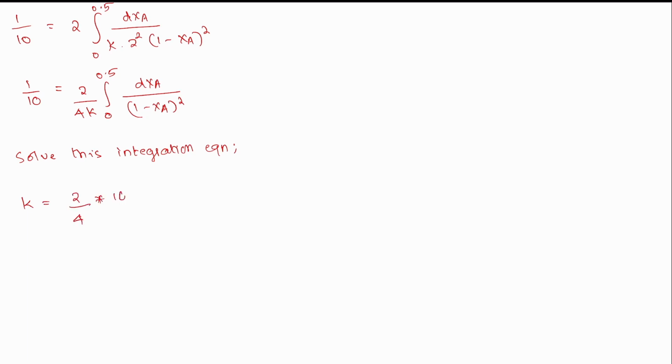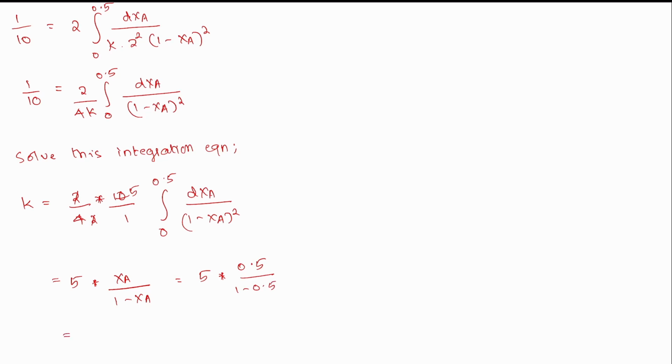So k will be 2 by 4 into 10 by 1 times the integral from 0 to 0.5 of dxa by (1 minus xa) the whole square. Integrating this, we get the final answer for k as 5 into 0.5 by (1 minus 0.5), and that will be 5. So the reaction rate constant for this reaction, K, is equal to 5.